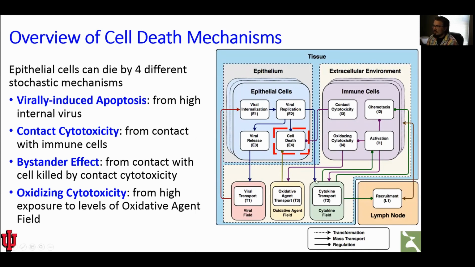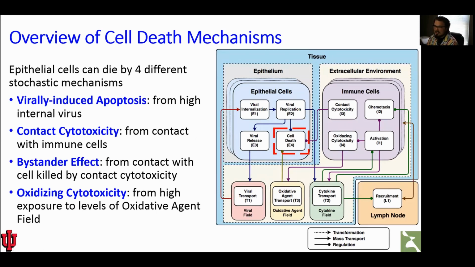So then we have four cell death mechanisms that we represent. The first is virally induced apoptosis, and this is due to high amounts of internal virus. The second is contact cytotoxicity, and this occurs when an infected cell comes in contact with an immune cell.